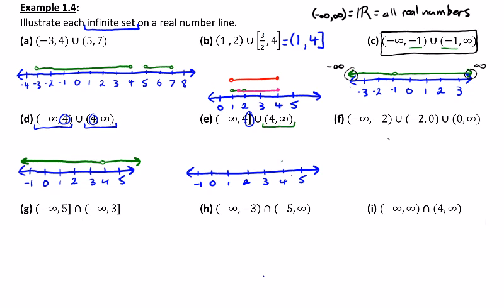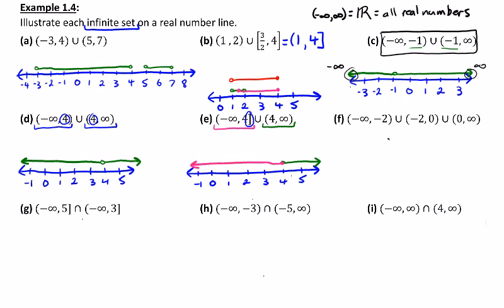So I'm going to put an open circle at 4, and I'm going to move to the right. Let me get pink, and I'm going to use this pink one to now illustrate the first set. And the first set is actually going to be closed at 4, and it's going to go to the left.